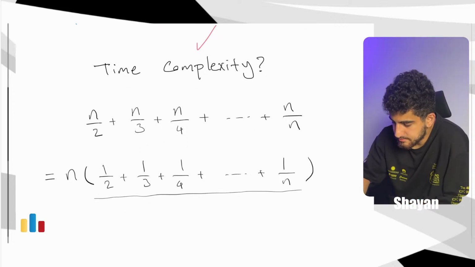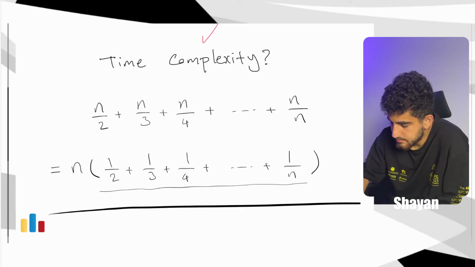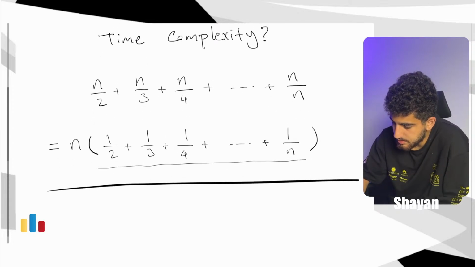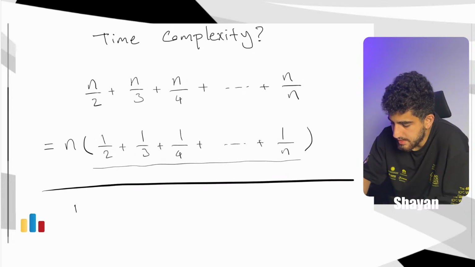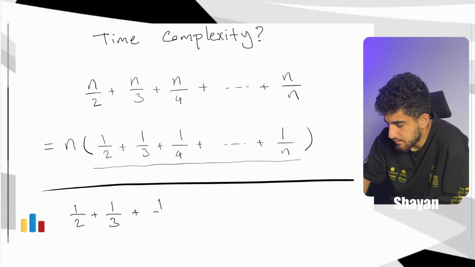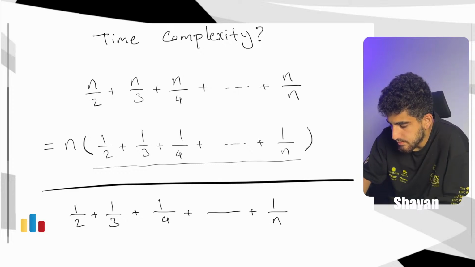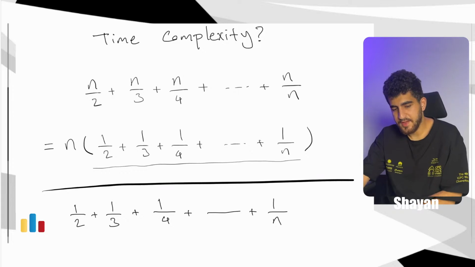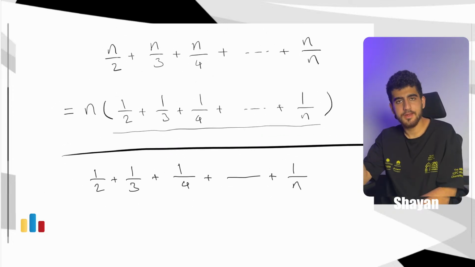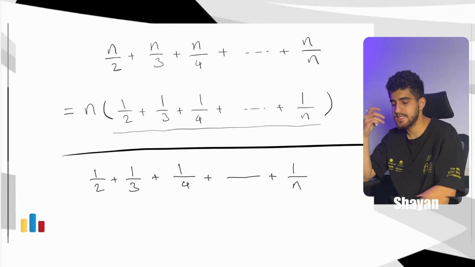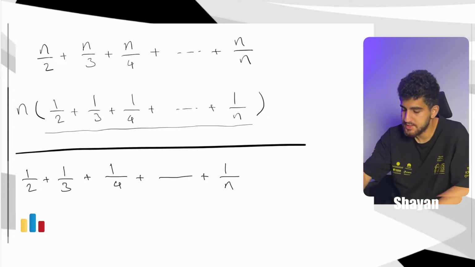So what we want to talk about is this number. We want to bound 1/2 plus 1/3 plus 1/4 up to 1 over n. We have a very famous series in mathematics named the Harmonic Series. We show it with H of n.